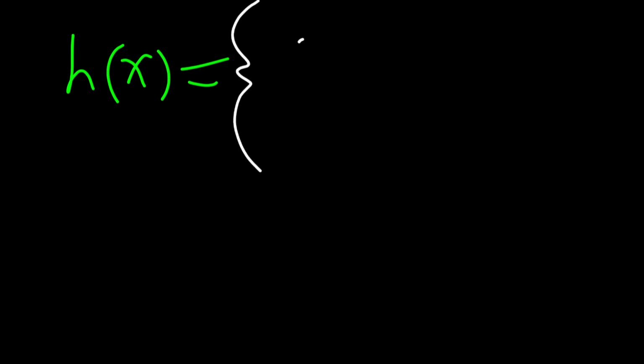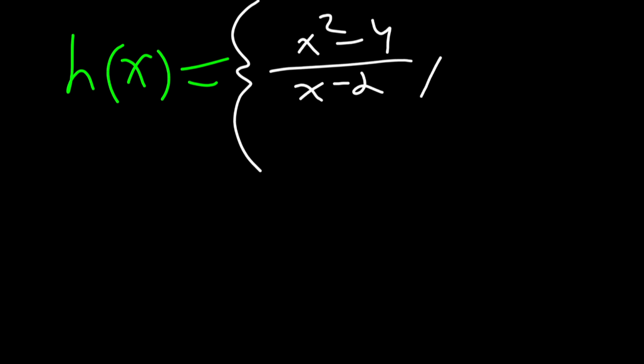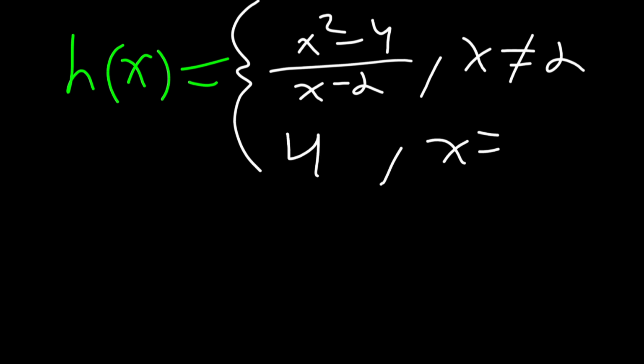So if I have this piecewise function, h of x, and it equals x squared minus 4 over x minus 2, when x does not equal 2, and then it equals 4 when x equals 2. Is this continuous?